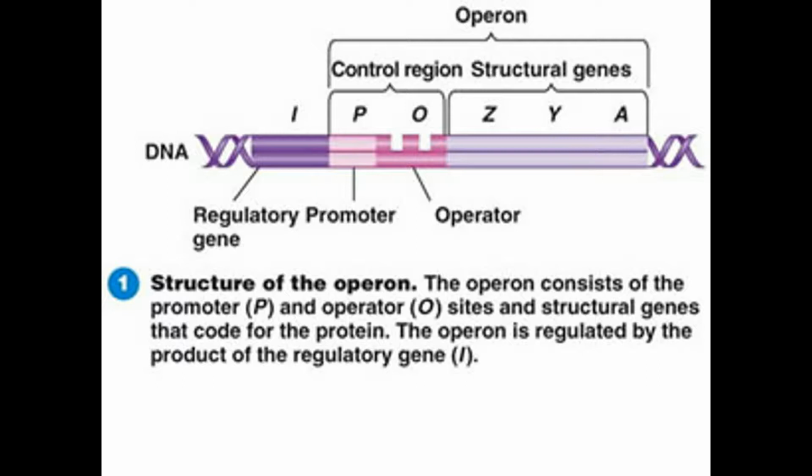Unlike eukaryotic chromosome structure, bacteria have their genes organized in what we call operons. Think of it as a grouping of genes that have a related or similar function. They're involved in the same biochemical pathway, for instance.